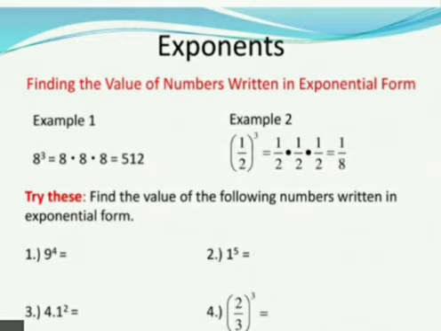These brackets, parentheses, in the parentheses 1 over 2 and exponent 3 is equal to 1 over 2 multiplication 1 over 2 multiplication 1 over 2 is equal to 1 over 8.